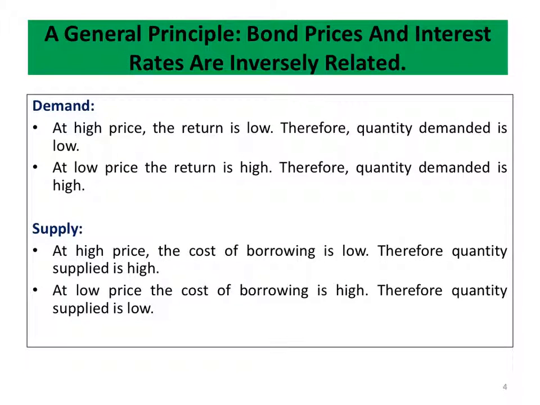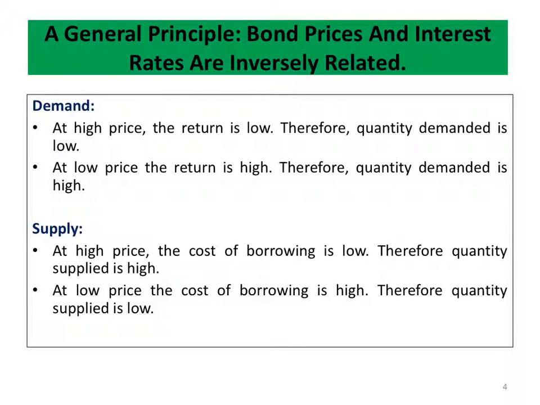So the lender demands the bond and the borrower sells the bond. In general, there is an inverse relationship between the price of the bond and the interest rate. Therefore, we can use the demand and supply model to understand bond and interest rate behavior.